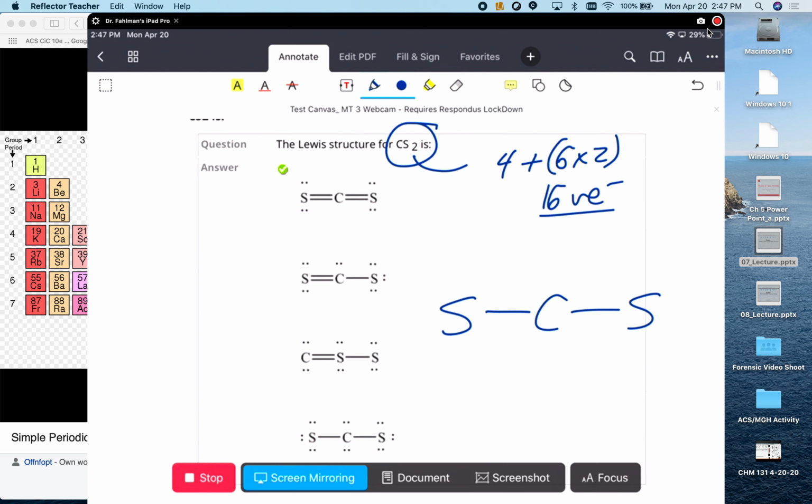We have to place 16 electrons. Then you notice that carbon doesn't have an octet, so you have to do that, and then that. So it's this structure.